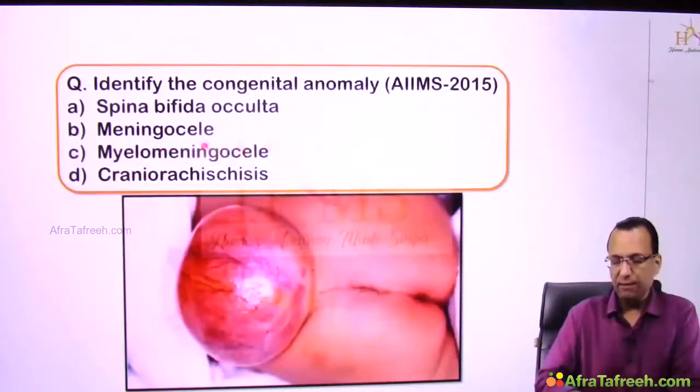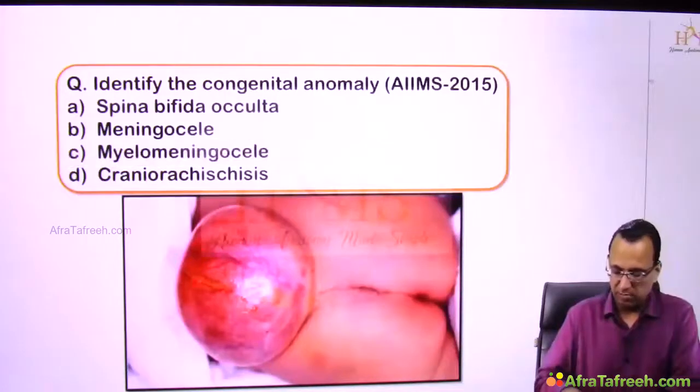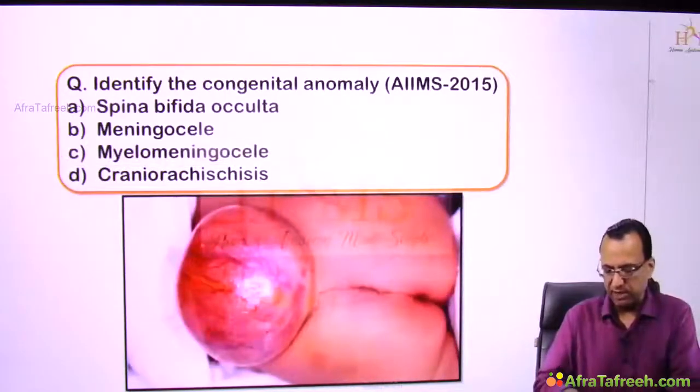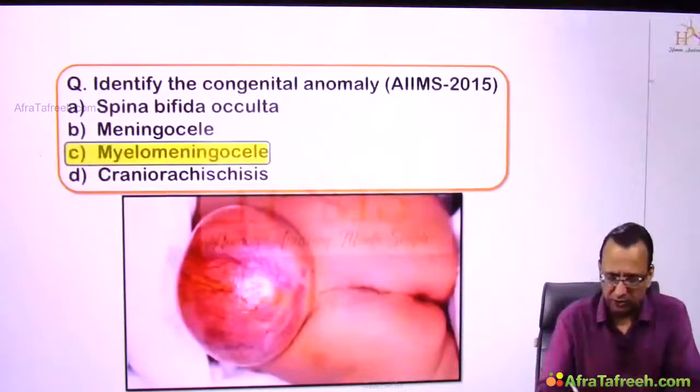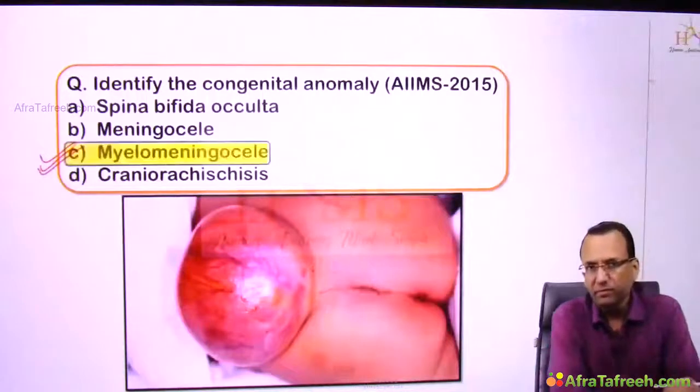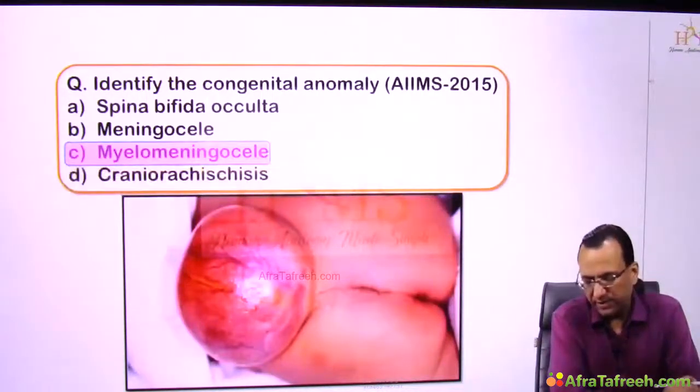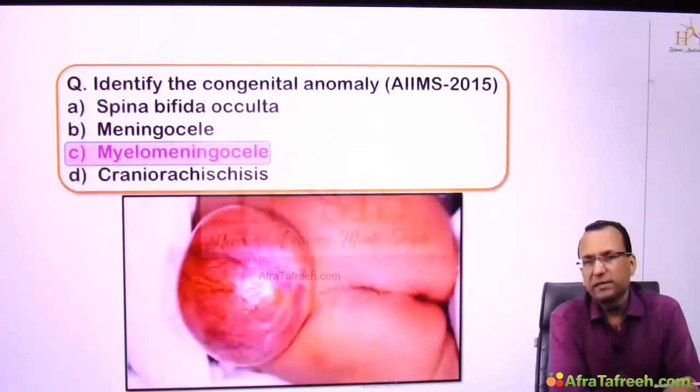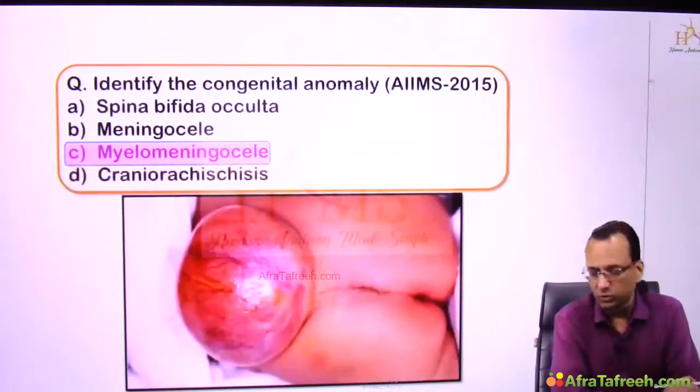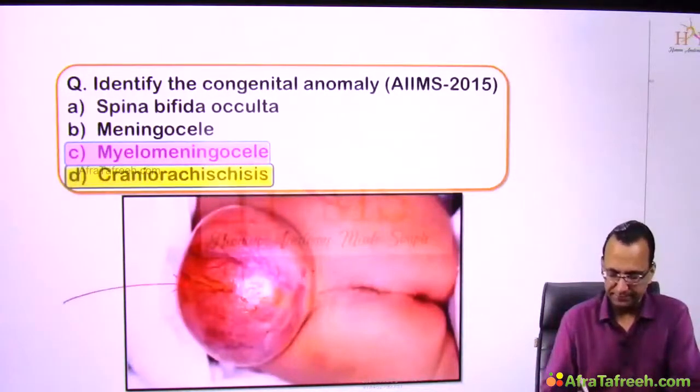That myelo name comes because some neural tissue has come here, creating some lines. This is meningomyelocele. That is our answer. Why can it not be craniorachis? Because in rachis you don't see the covering of skin.